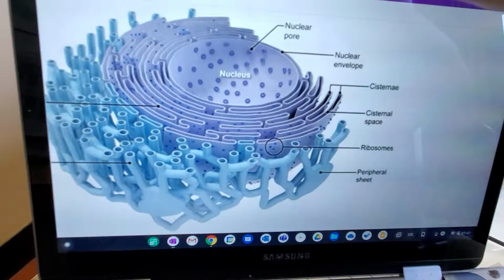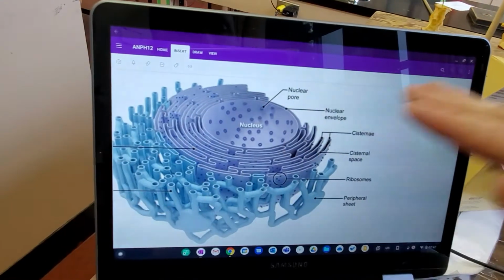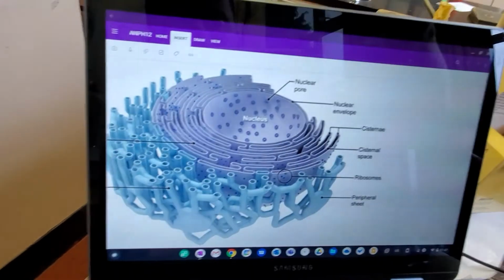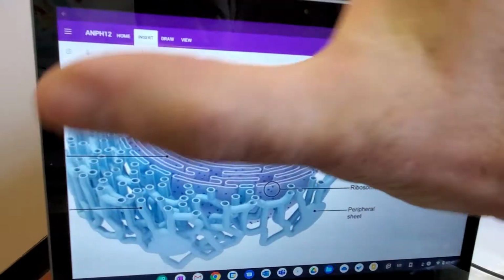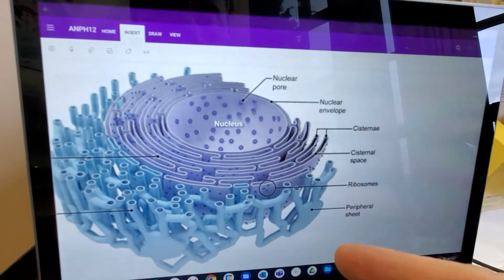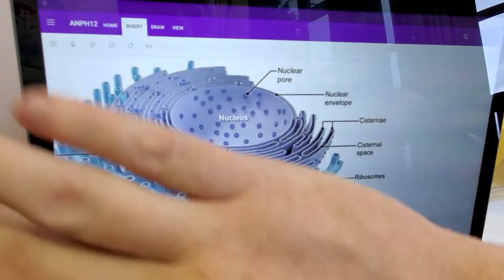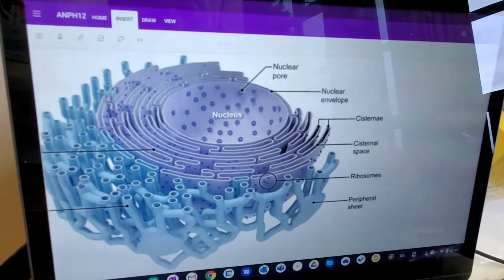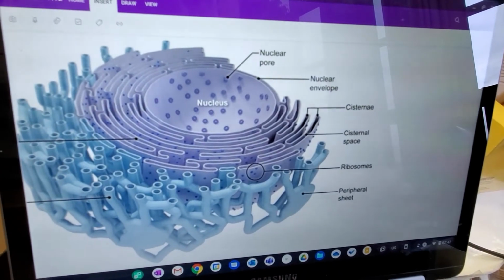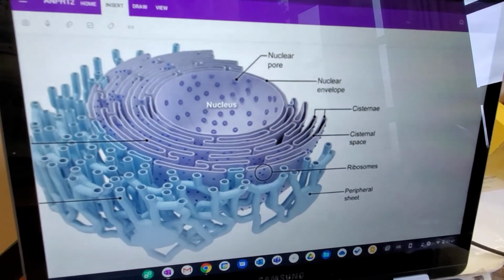And you've got to imagine this is all one big 3D. This is just like it's sliced in half, but it would go all encircling, all inside the cell. Some cells that have to make a lot of protein will be basically all full of just rough endoplasmic reticulum. Will be just a huge thing of rough endoplasmic reticulum.